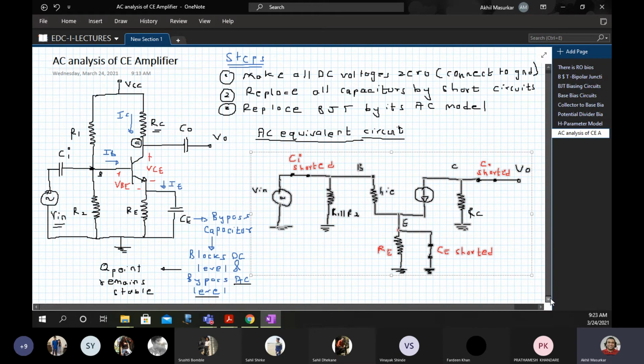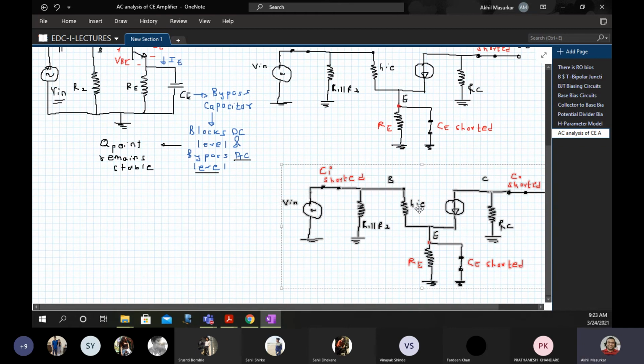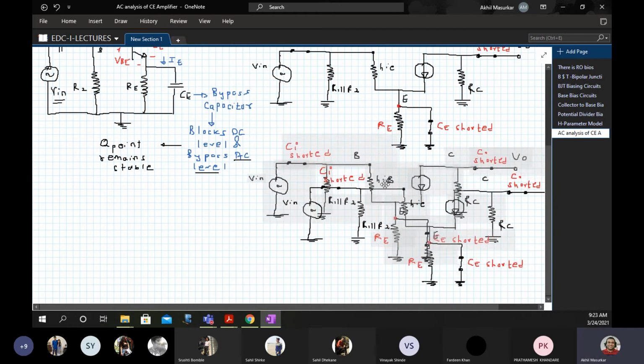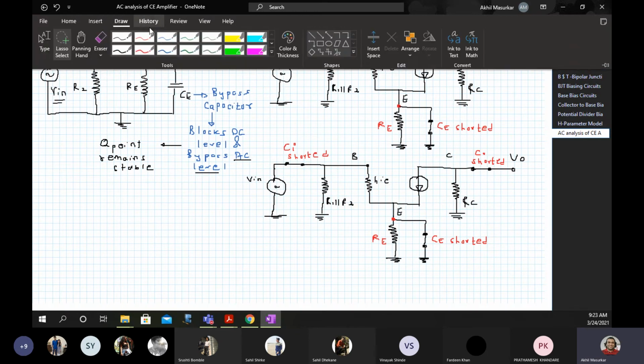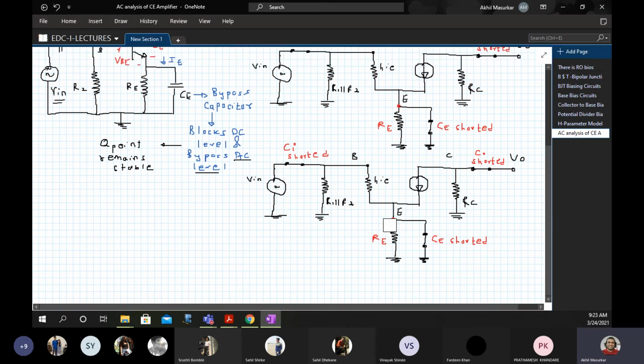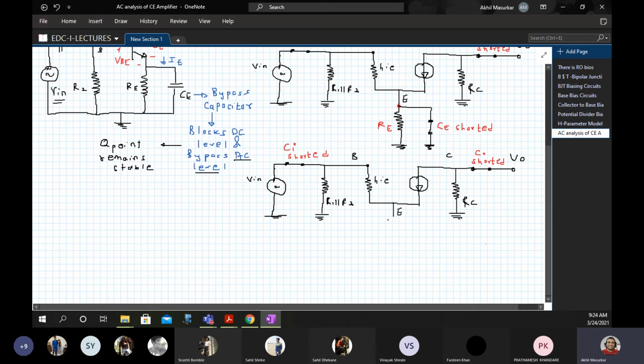And this circuit further I can draw this way. I can remove all of this and simply show my emitter connected to ground.